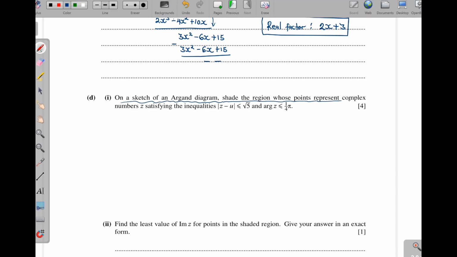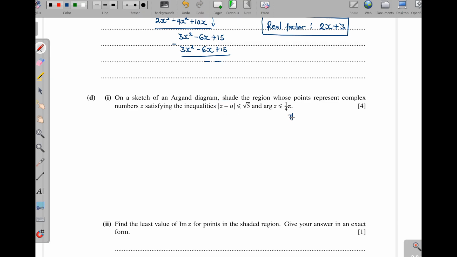region whose points represent the complex number z, satisfying the inequalities modulus of z minus u less than or equal to the root of 5, and then the argument of z less than or equal to pi over 4. Now, I've already said that if you find the modulus signs on one side of the inequality or equation, then that is a circle.